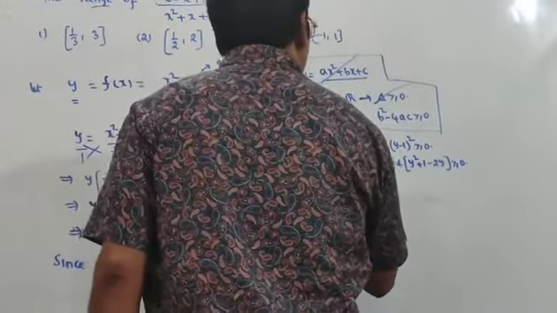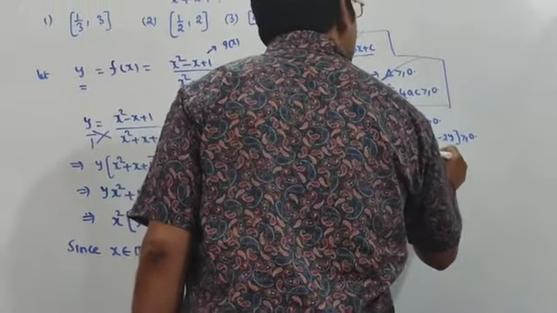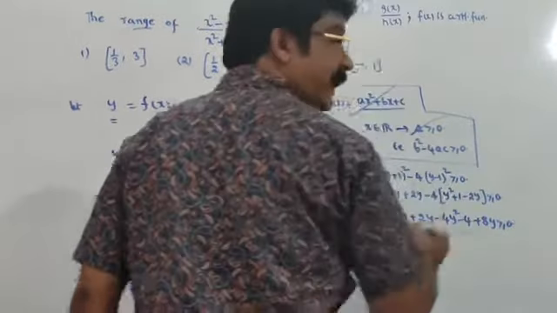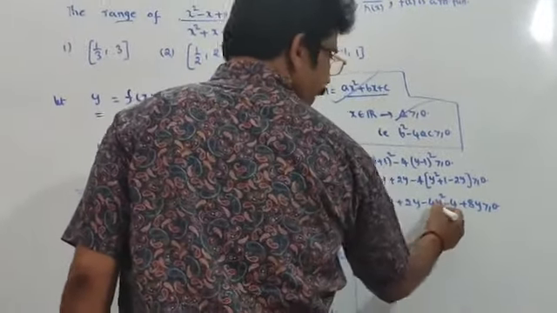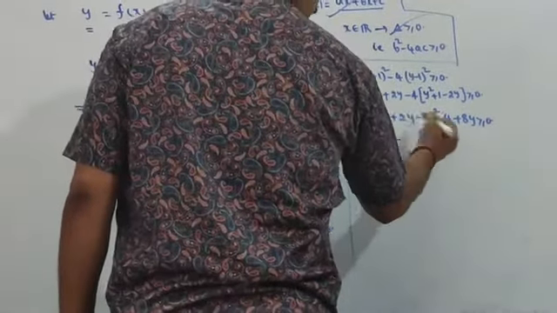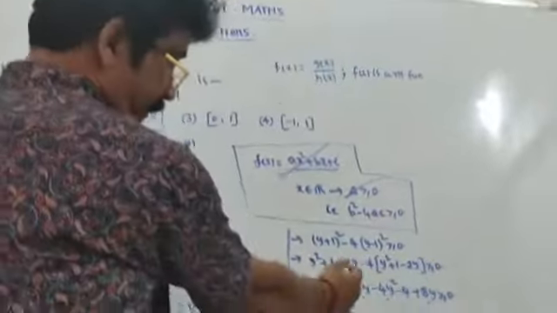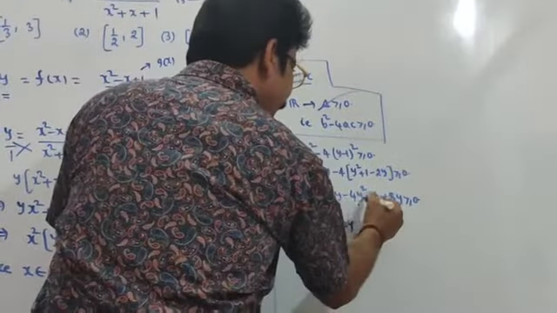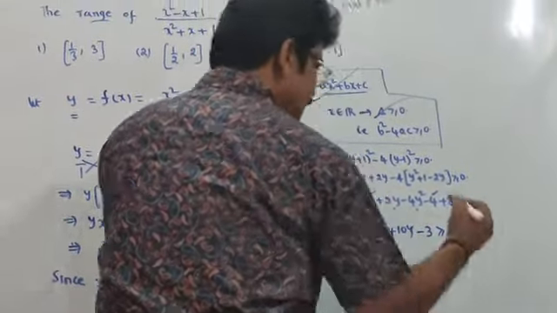So y square plus 1 plus 2y minus 4y square minus 4 plus 8y greater than or equal to 0. So y square minus 4y square is minus 3y square; 2 plus 8 is 10y; look at the board, 10y; next 1 minus 4 is minus 3, greater than or equal to 0.